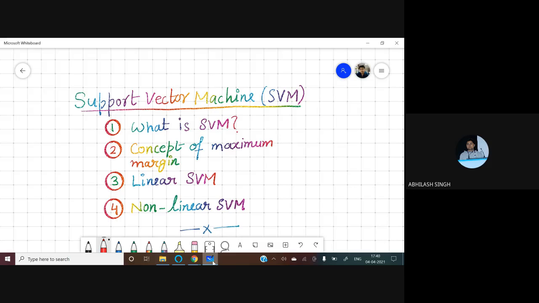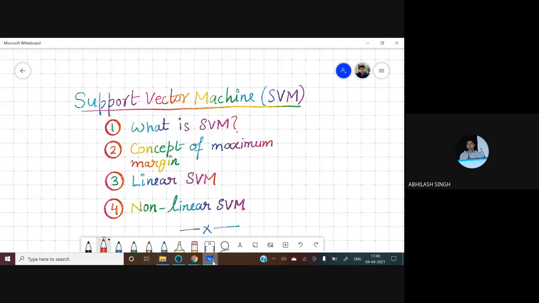In this session, we will discuss briefly what a support vector machine is, and after that we will see what the margin is and how we are going to maximize the margin. There are two cases in SVM.